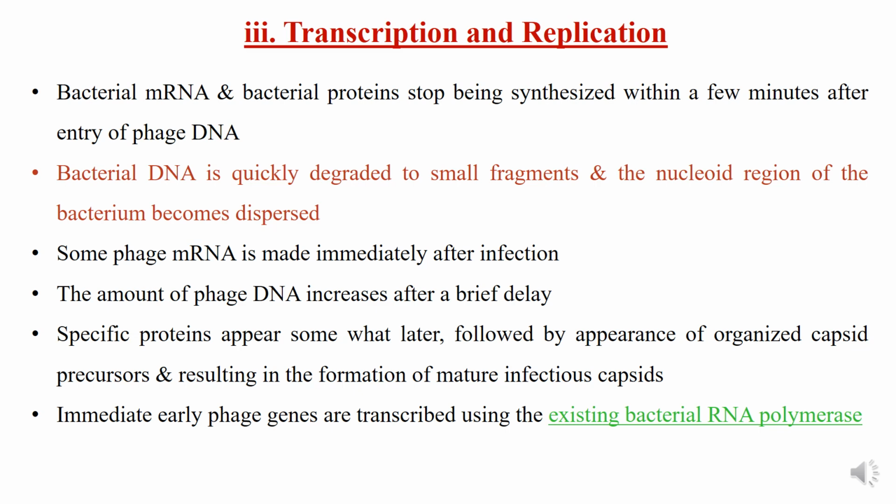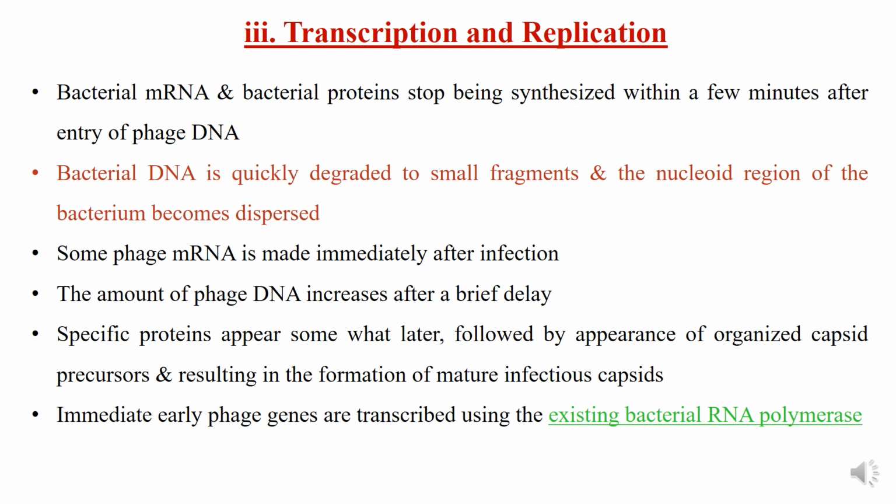That is, from phage DNA, mRNA is synthesized, and from mRNA the proteins are synthesized. Precursors of the capsid protein are synthesized first, and from these precursors the capsid protein is synthesized in the bacterial cell. These capsid proteins enclose the nucleic acid. Finally this results in the formation of mature infectious capsids.